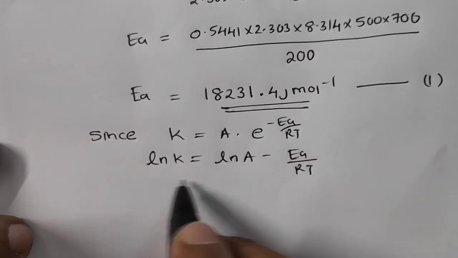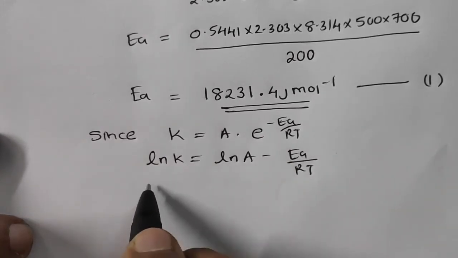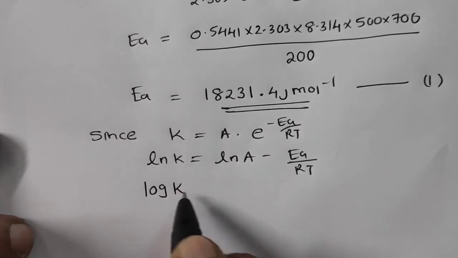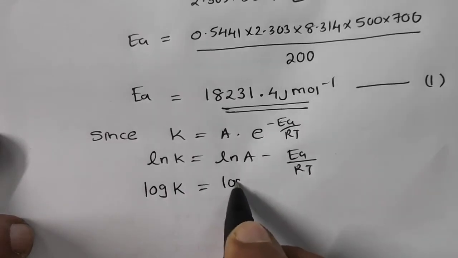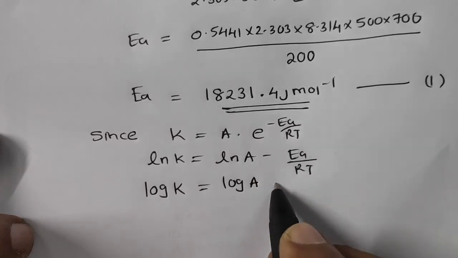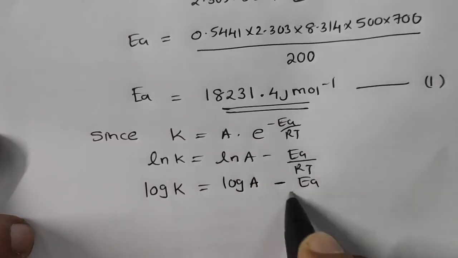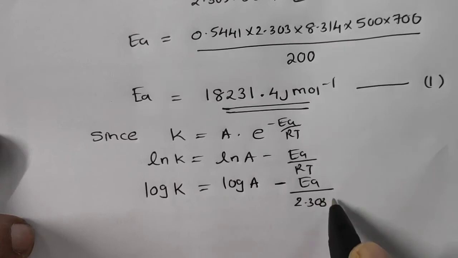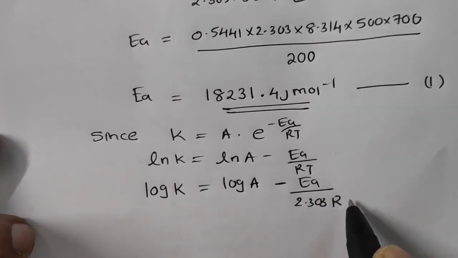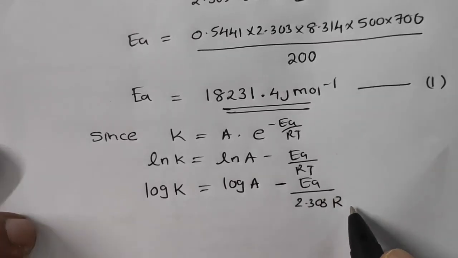Converting this into log, log K is equal to log A minus EA upon 2.303 RT.